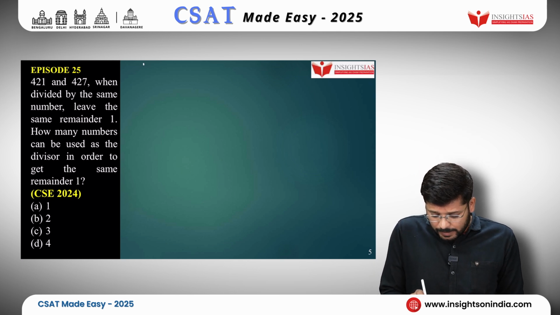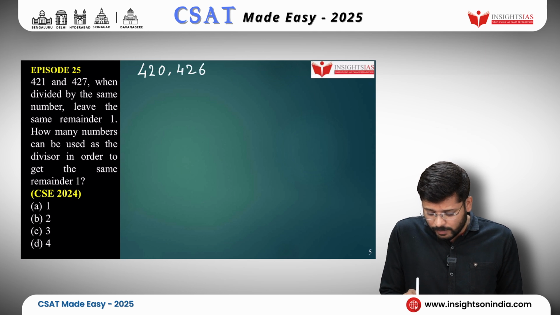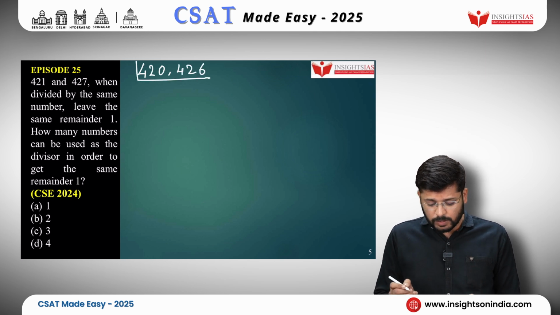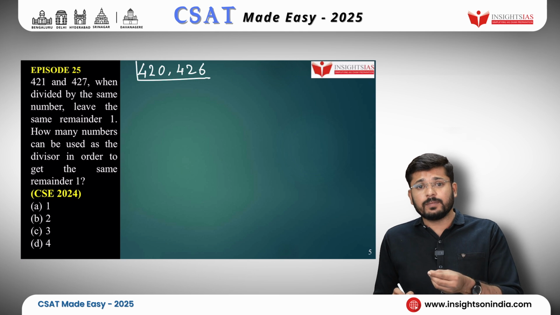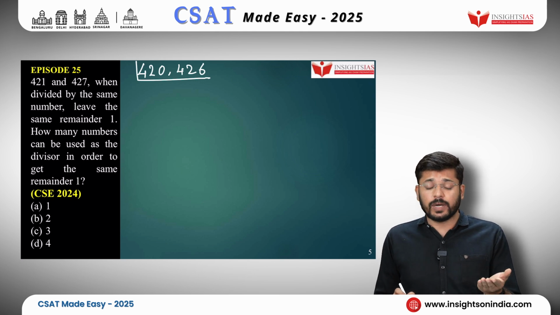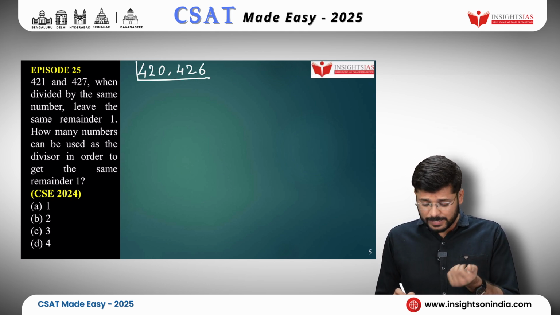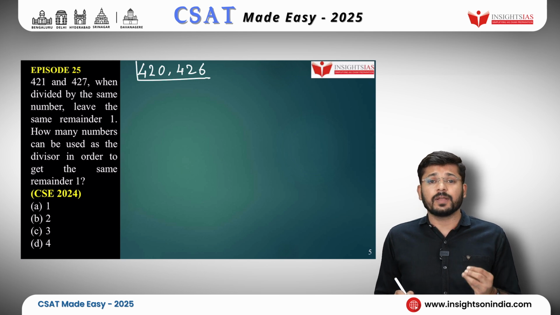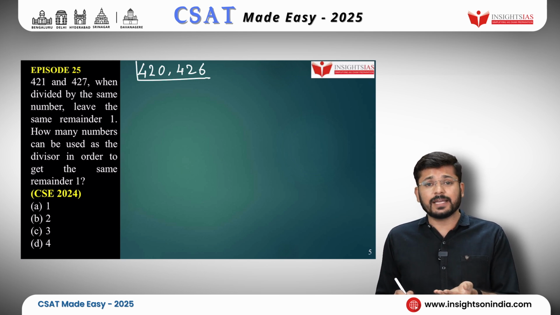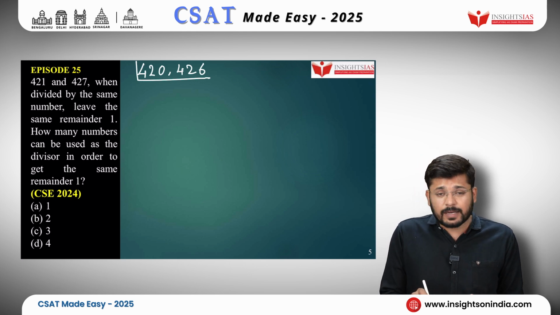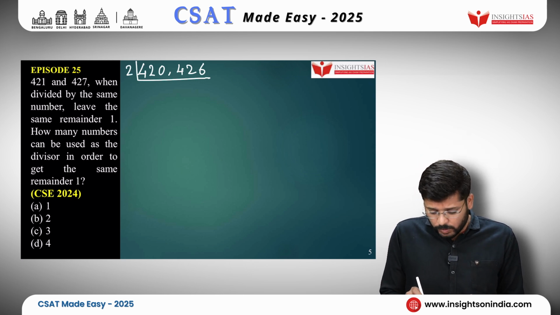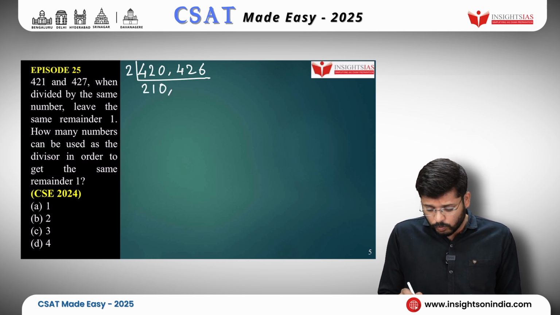Let's find the HCF of 420 and 426. Why 420 and 426? Because 421 minus 1, the given remainder, is 420, and 427 minus 1 is 426. And how do we find HCF? We will go on dividing the given two numbers with any common factor that we can think of. We will start with 2. 2 into 210 is 420.